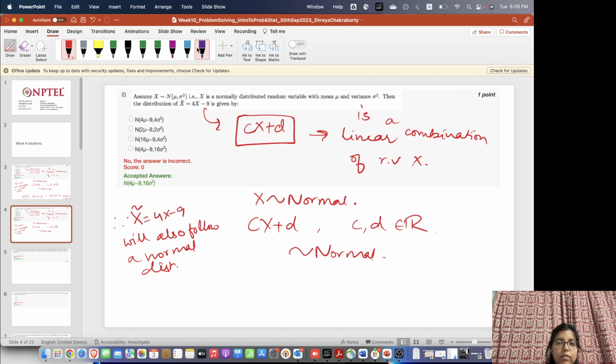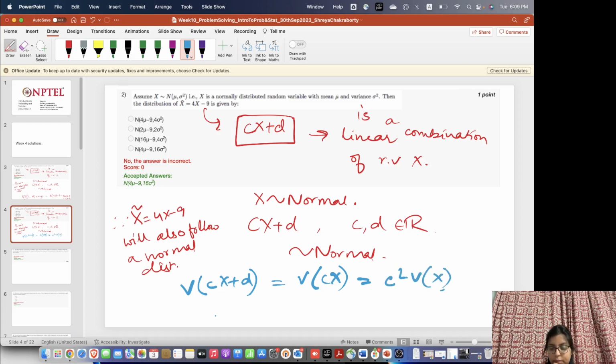So for calculating variance, variance of cx plus d is always equal to variance of cx. It's independent of translation, but it's not independent of scale. So this would be c square variance of x.